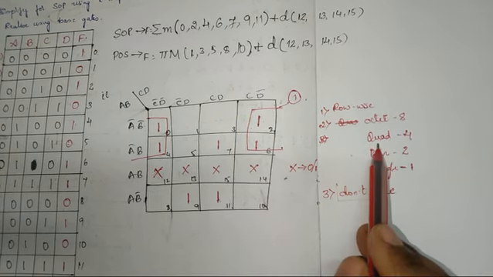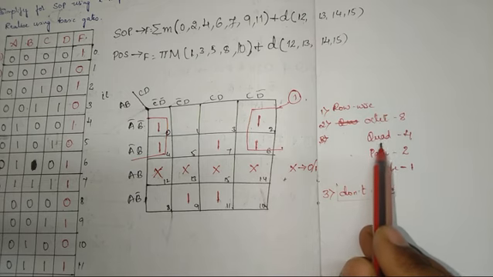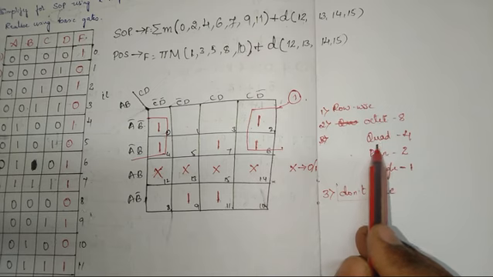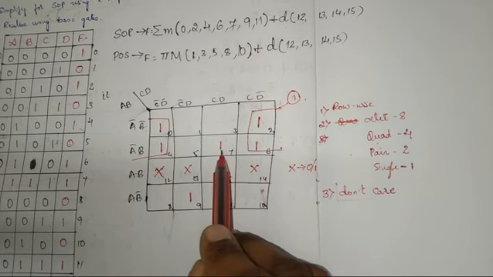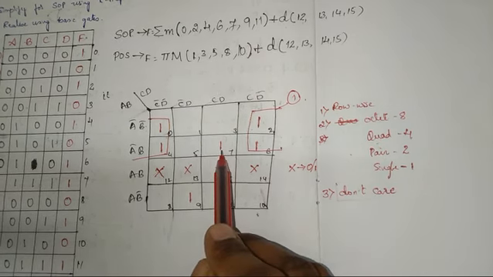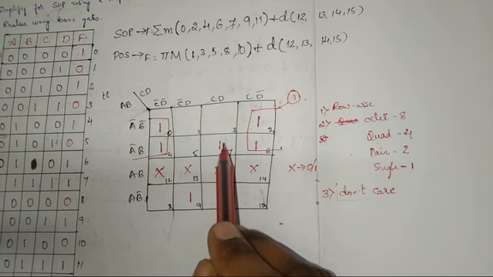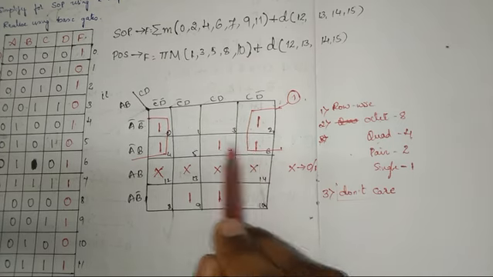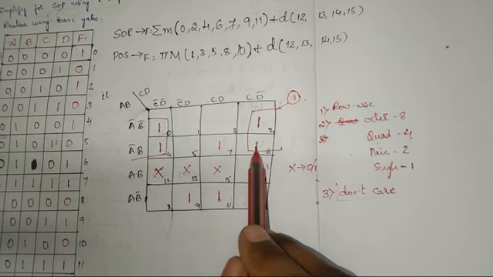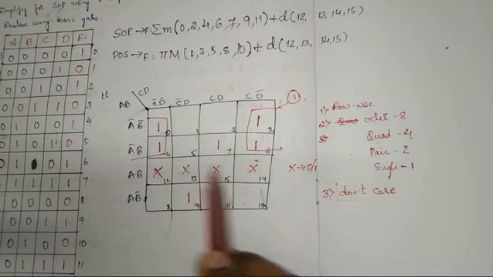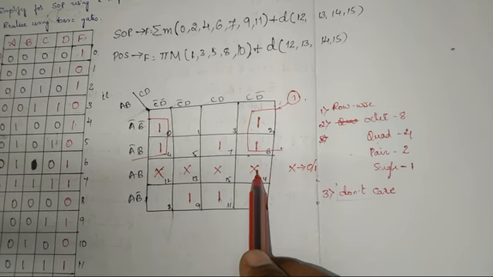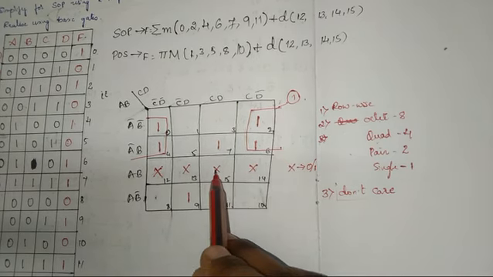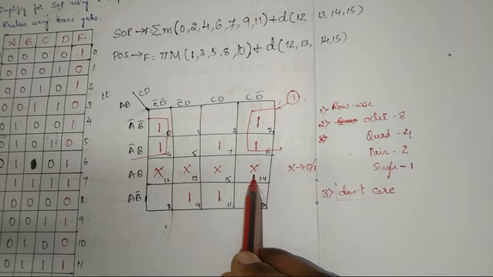Fine. So the next possibility is a quad, right? To make a quad, for this one, are there any adjacent 4 ones? Okay, 1, 2. Only 2 ones are there, right? Now use the concept. We have children here, so many children. If we want, we can ask them to play with us.